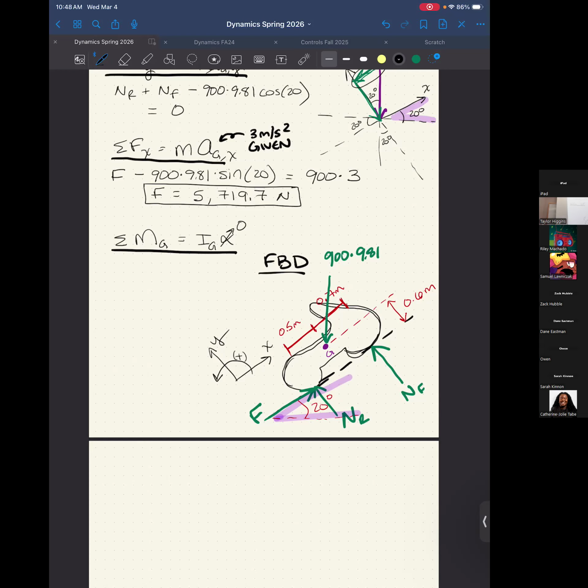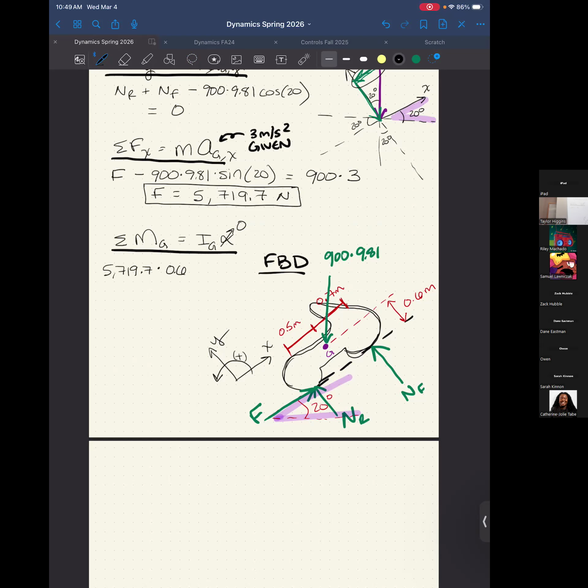5.716 times 10 to the third newtons times 0.6 meters. Positive or negative? Positive. Very good. So F, which is 5719.7, times the moment arm 0.6, and it's positive. Plus N_F, the normal from the front wheel, times 0.7 meters.